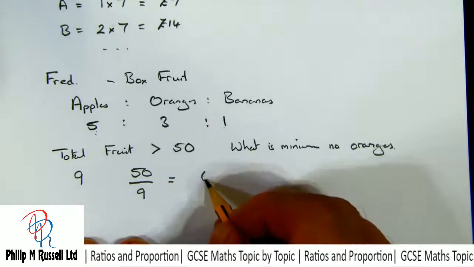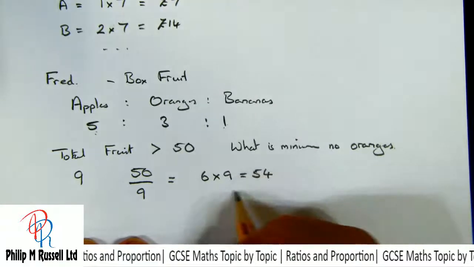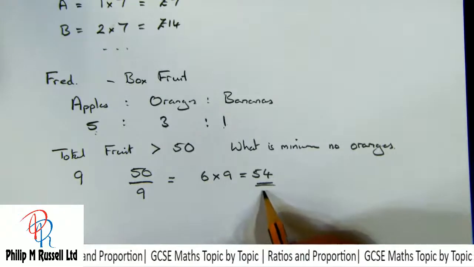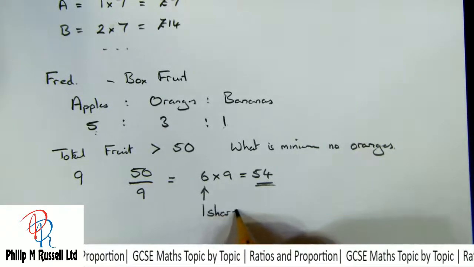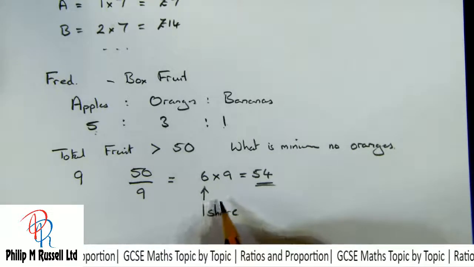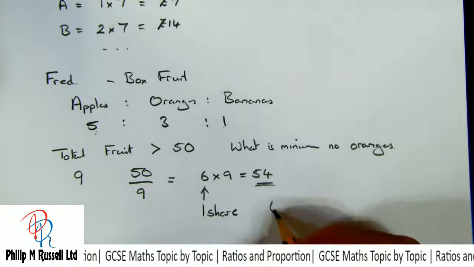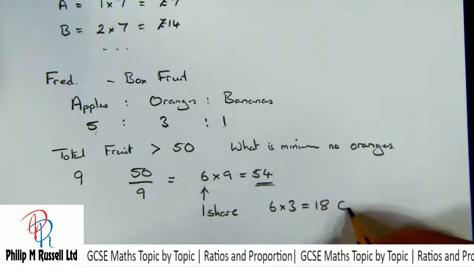Well, I know that 6 9s here are 54, so that could be my minimum number. And if then 6 is 1 share, then I want 3 shares, which means it's going to be 6 times 3, which is going to give me 18 oranges.